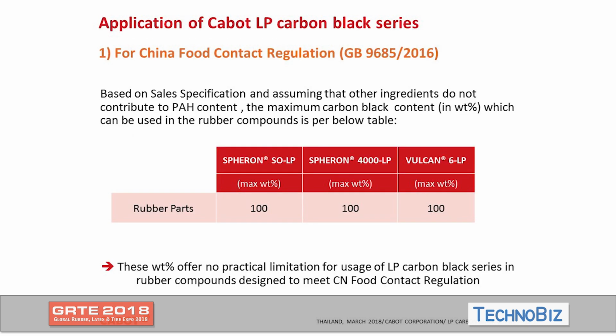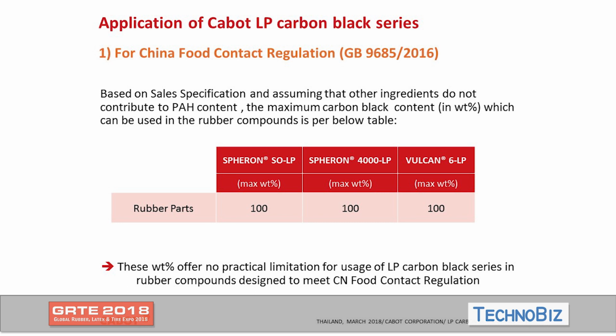Now, under different kinds of regulation, the following slides introduce the maximum amount of carbon black you can add into your formulation. The first one is the China food contact regulation. I'd like to highlight here that this is based on our specification and assumes that other ingredients do not contribute to PAH content anymore. So the maximum carbon black content which can be used in the rubber compound is shown in the table.